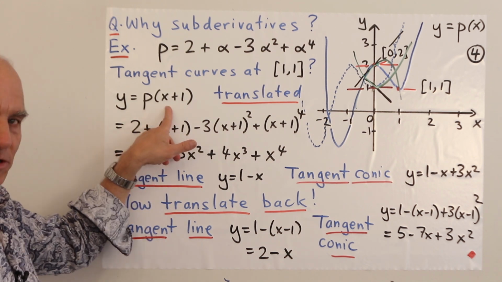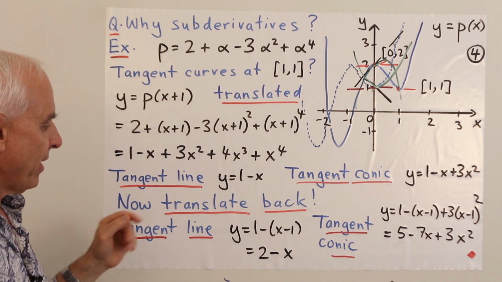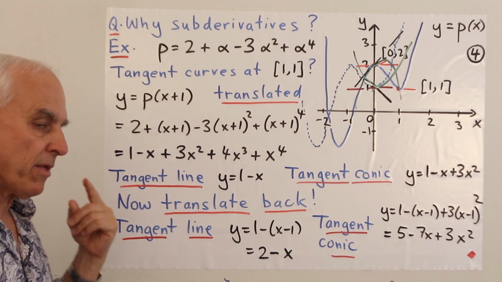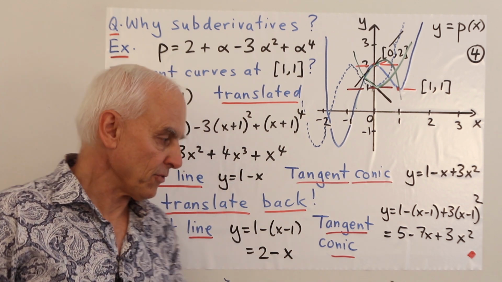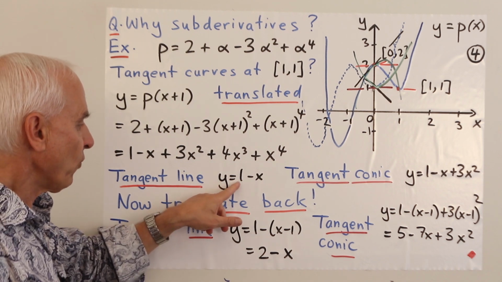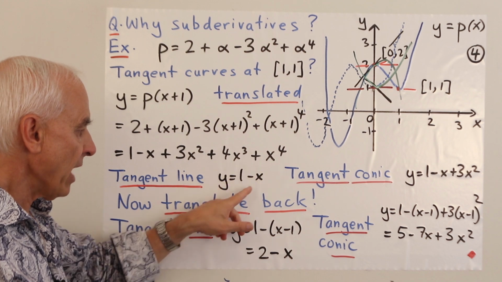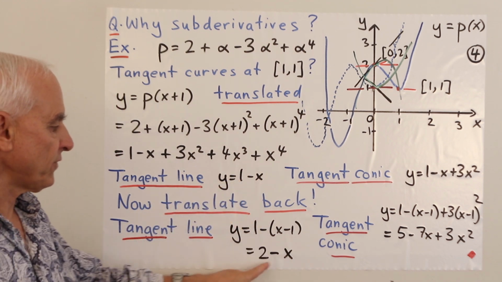Well, we do the opposite of what we did over here. Here we replaced x with x plus 1. Now to go back, we replace x with x minus 1. That effects a shift to the right. So for example, the tangent line will be y equals 1 minus, we take this equation but replace the x with x minus 1, for a total of 2 minus x.